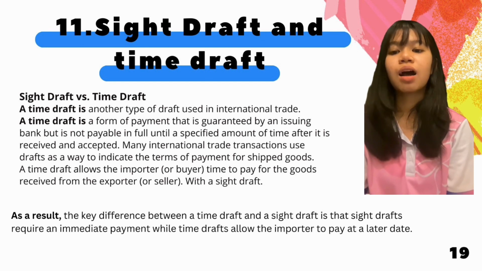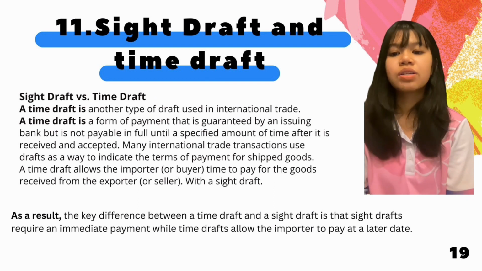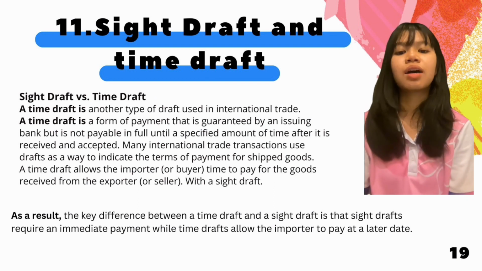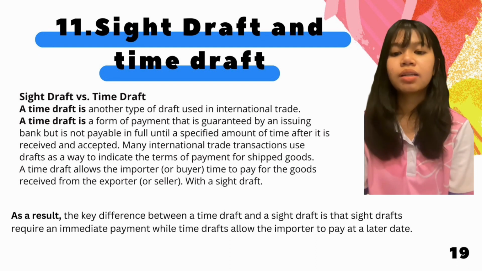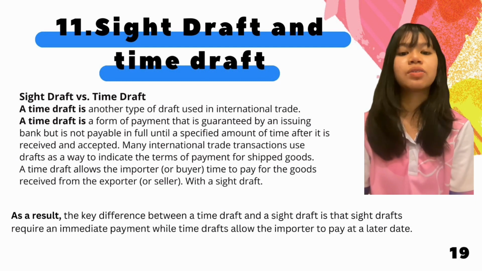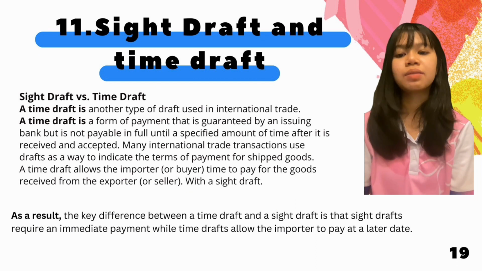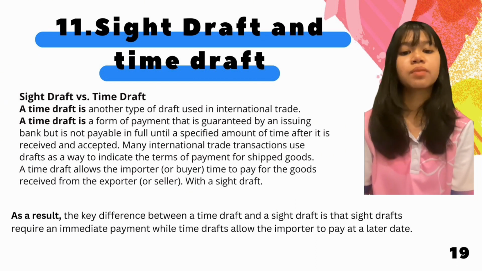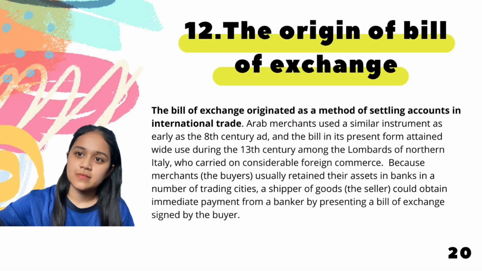A time draft allows the importer time to pay for the goods, while assuring the exporter of a fixed date. At a glance, the key difference between a time draft and a sight draft is that a sight draft requires an immediate payment, while a time draft allows the importer to pay at a later date.